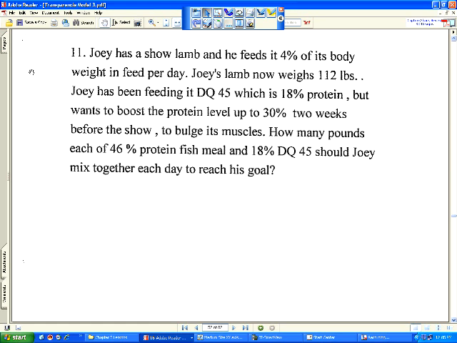How many pounds each of the 46% protein fish meal and 18% DQ45 should Joey mix together each day to reach his goal? Now you can feed fish meal, or soybean meal, or cottonseed meal. Fish meal is pretty high in protein, but you don't want to eat the lamb afterwards because it tastes like fish.